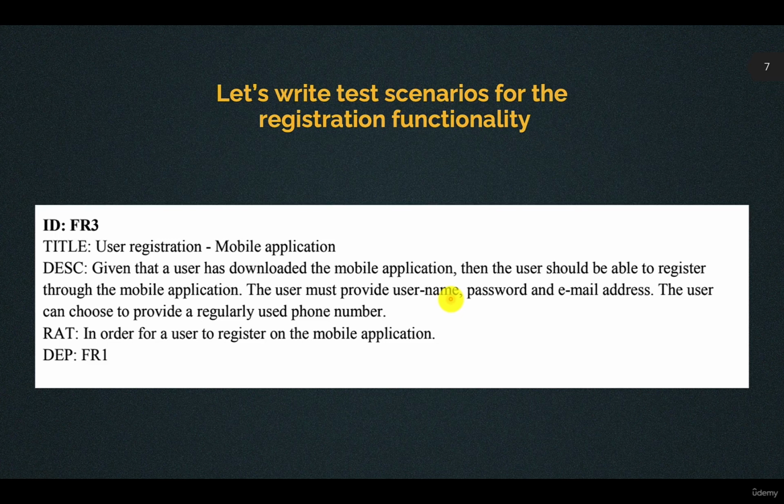You might say, why don't we test the 3 cases at the same time, leaving the username field empty and the password field empty and the email field empty? In this case, if we click on sign up, the system might give me an error, or it might crash. Because this is a mobile application, the application might crash. So if the application crashes, which one of the 3 fields caused the crash?